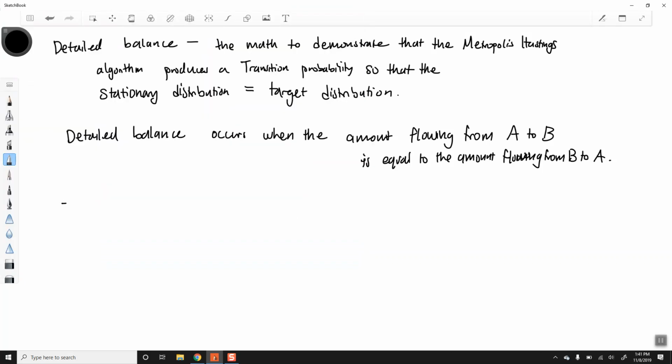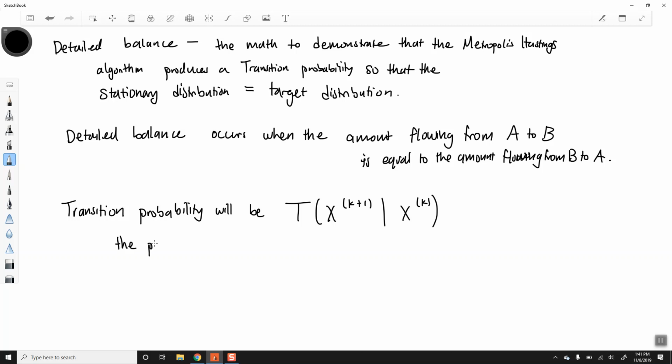So I'm going to go ahead and say our transition probability will be, okay, so this will be the probability of transitioning from x super k to x at location x k plus 1. Okay?